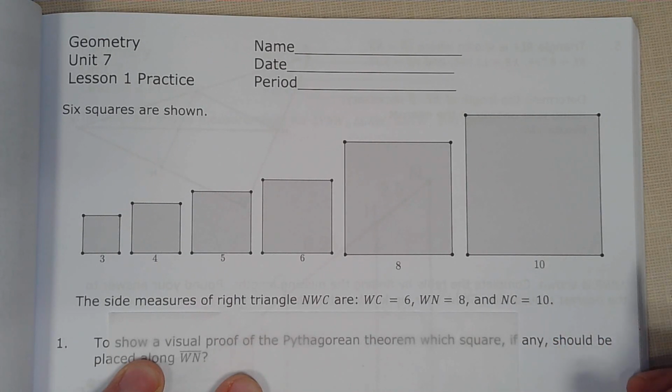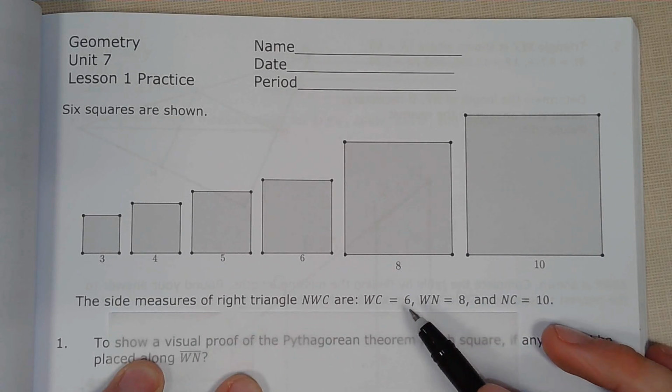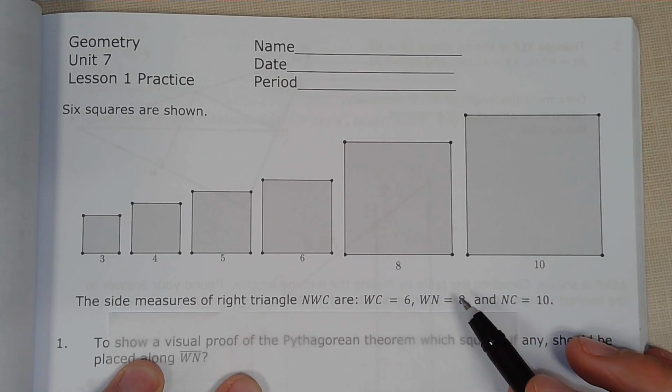If you know anything about a right triangle, the longest side is going to be the hypotenuse. So we're not going to be using 10 as a leg; the 2 legs are going to be made up of 6 and 8.